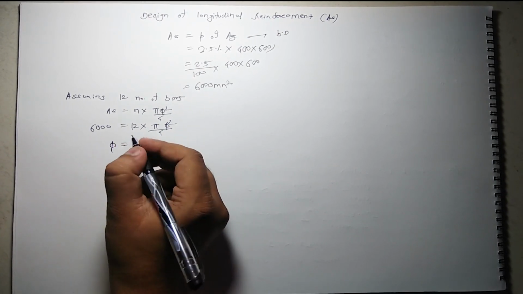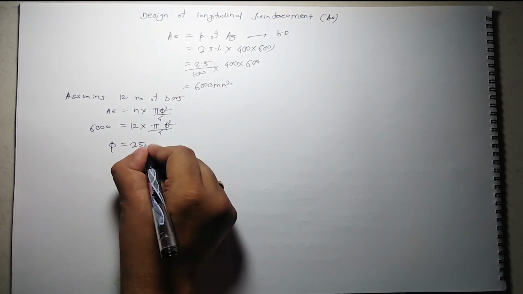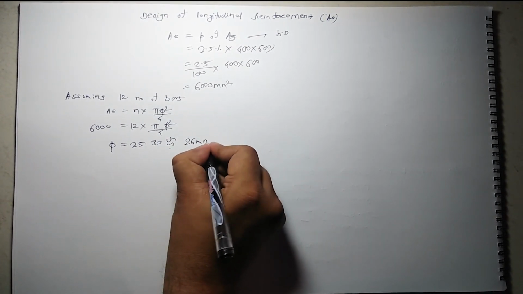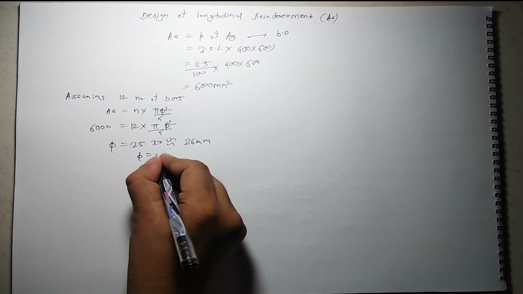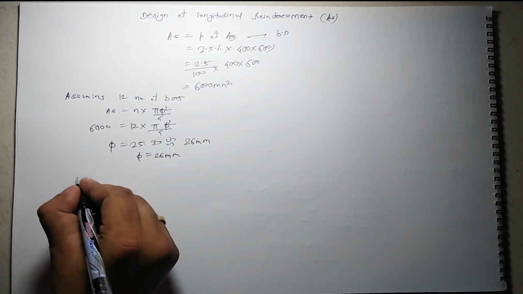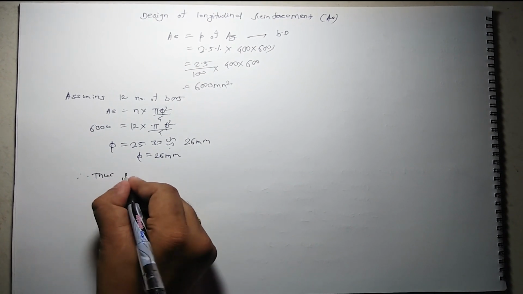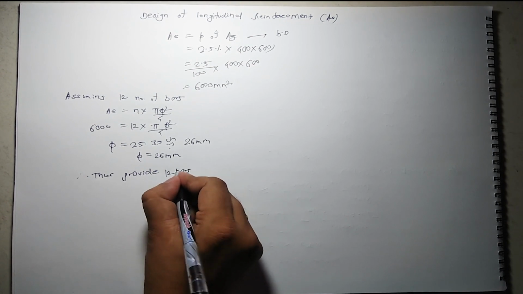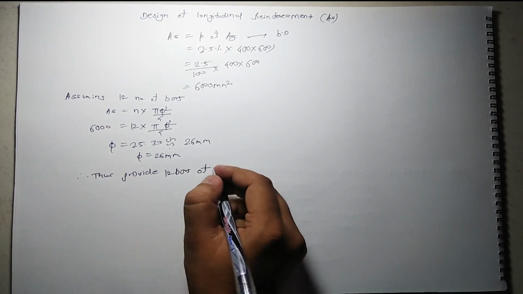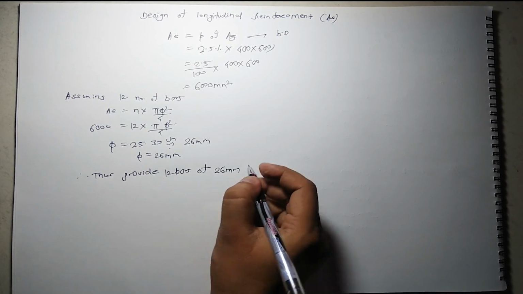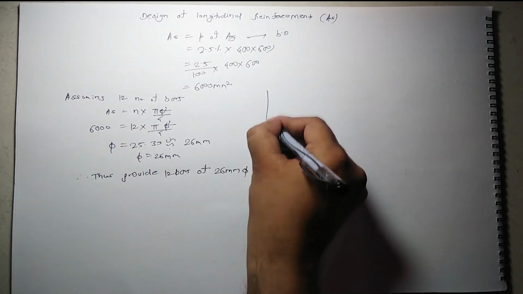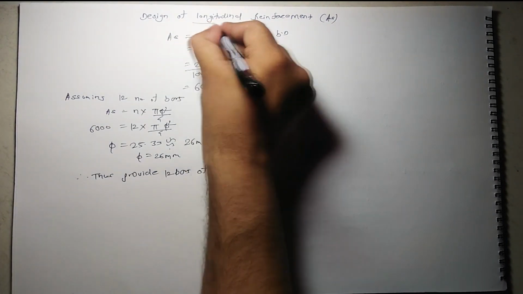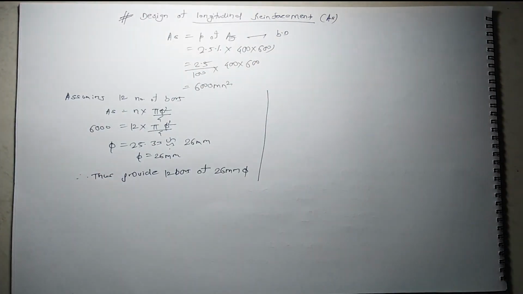So the phi is coming to be 25.33, so let us round it up or assume 26 mm. So phi equals 26 mm. So we can write it as, thus provide 12 bars of 26 mm phi. Okay, so basically bars provided in the longitudinal reinforcement should be greater than the 12.